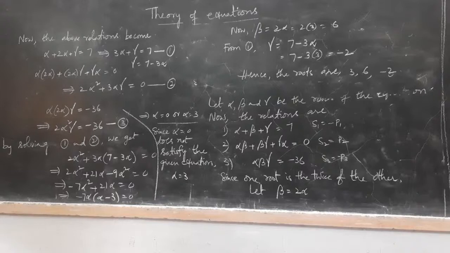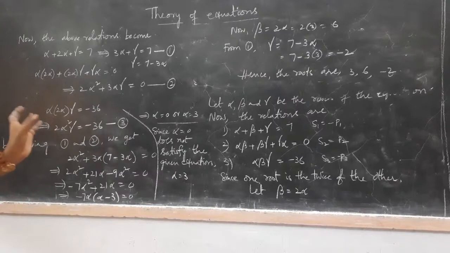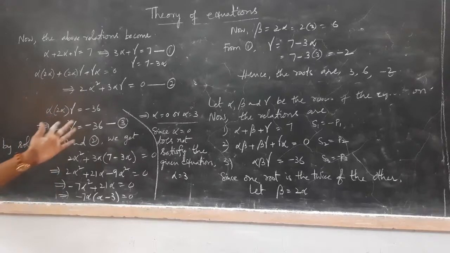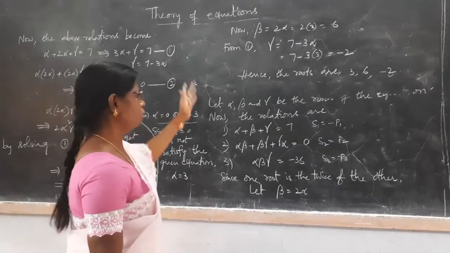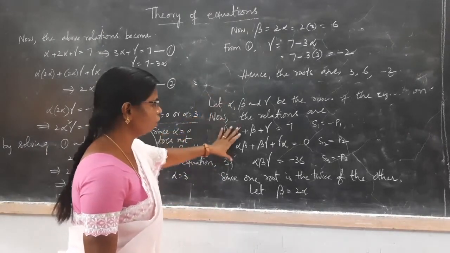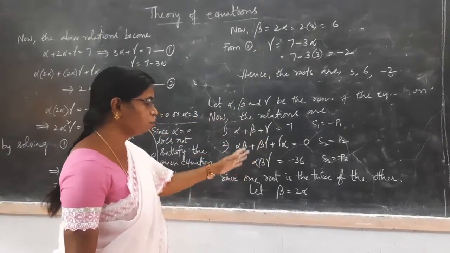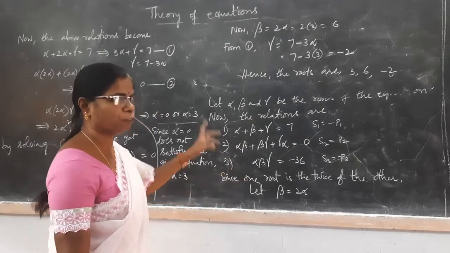So when a relation between the roots is given, using that relation we can find all the roots of the given polynomial equation easily. So just now I solved this problem. See everything that I have done. First of all you have to write all the relations between the roots and coefficients, and then implement the condition given in the problem.